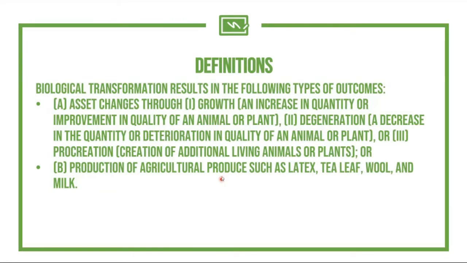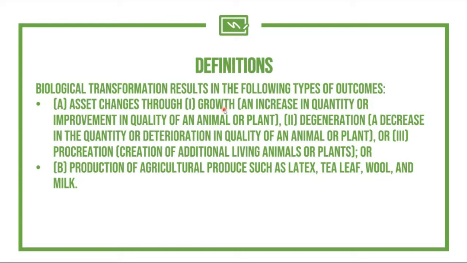Okay. So, when we talk about biological transformation, it will result in the following outcomes. If we say there is a biological transformation, what will be the results? Letter A, biological transformation will mean that the assets will change through the following. First, growth, meaning there is an increase in the quantity or improvement of the quality.